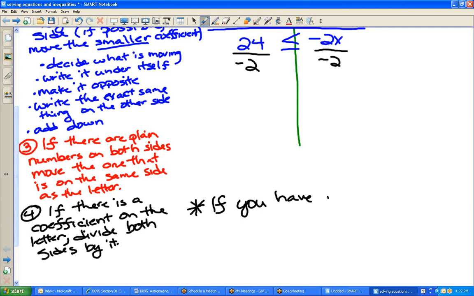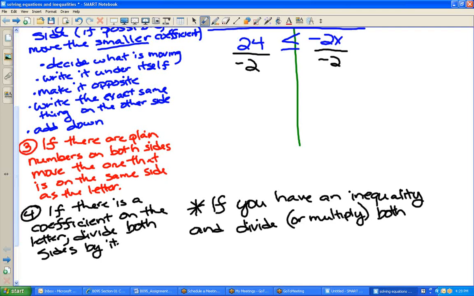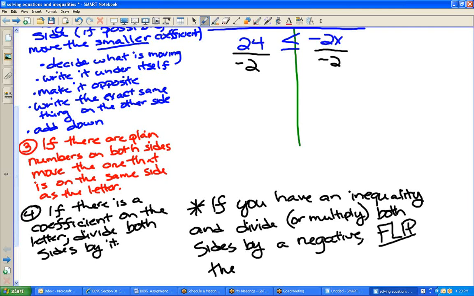If you have an inequality and divide, or multiply because they're essentially the same thing, you flip the inequality sign to the right.